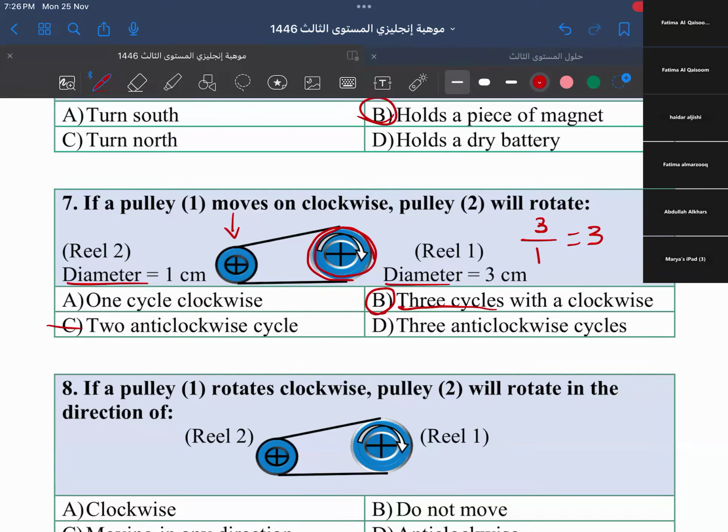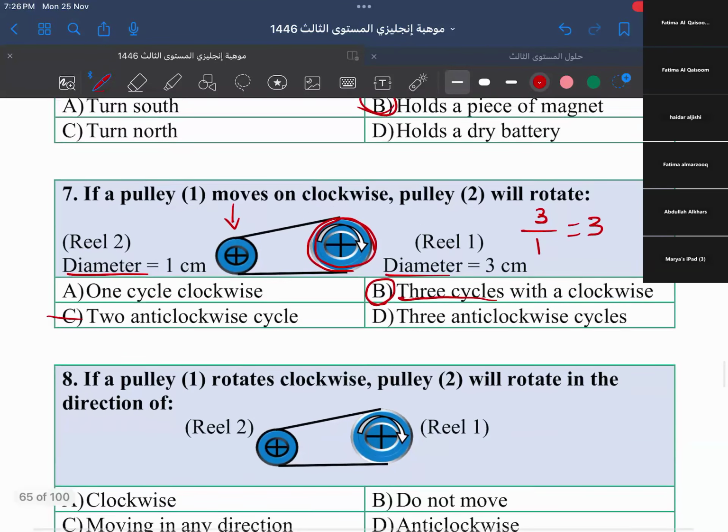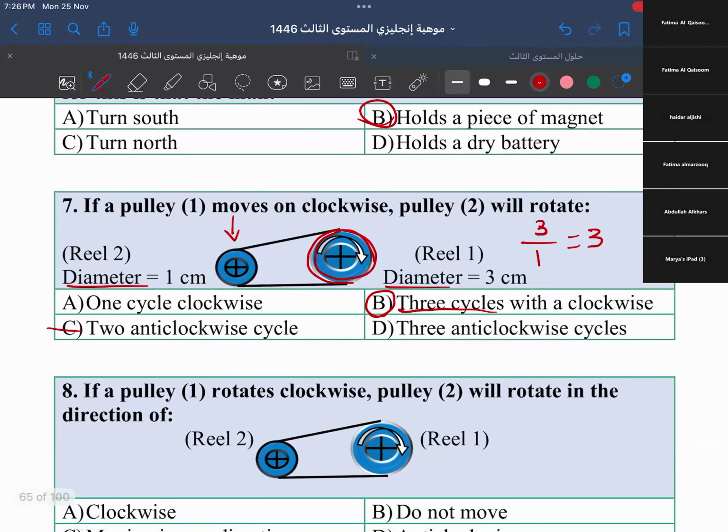Wait, can you explain again? This one? Yeah, so you basically take the ratio between them. For example, if this one was actually 6 and this one was 2, what am I going to do to find how many cycles this would make?